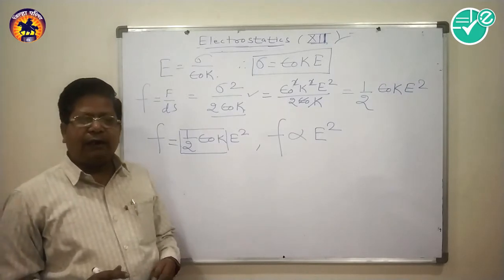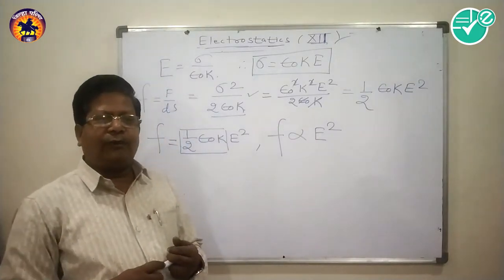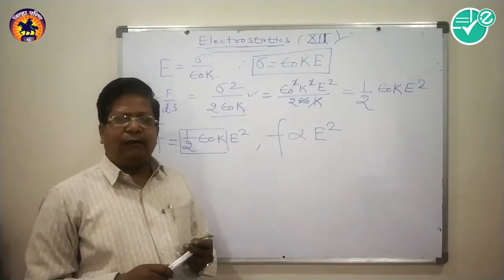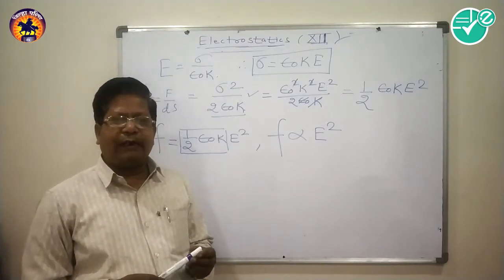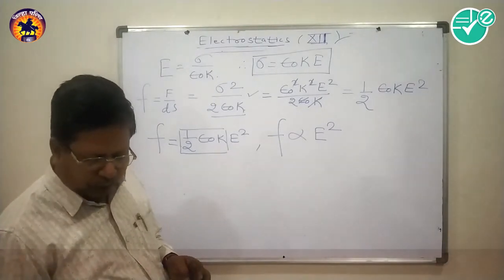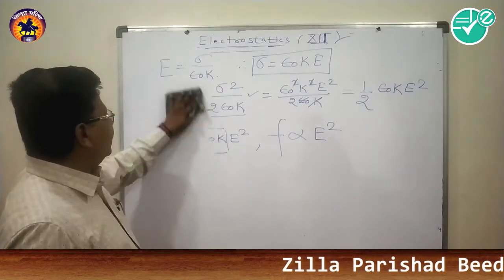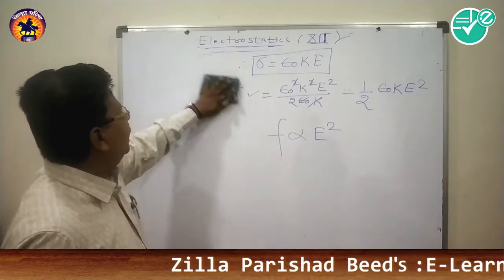So in this article we have derived two formulas, one in terms of surface charge density and one in the form of electric intensity and dielectric constant. So mechanical force per unit area of a charged conductor can be given by two formulae.